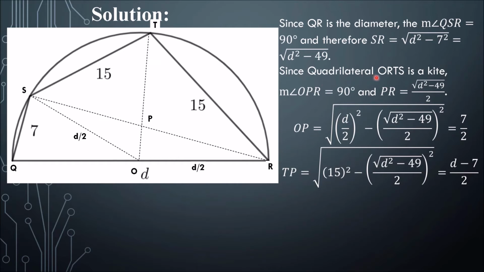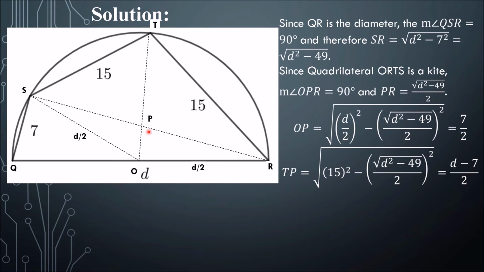Next, since quadrilateral ORTS is a kite, because SO is congruent to OR and RT is congruent to TS. So that's a kite. The measure of angle OPR is equal to 90, because in a kite, the diagonals are perpendicular.